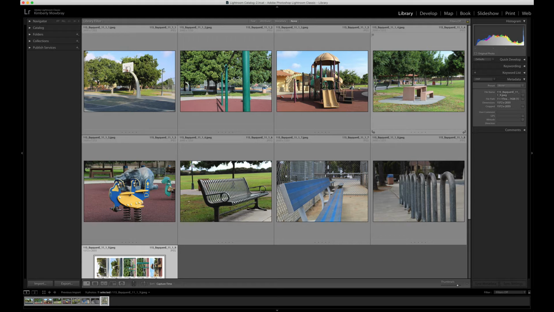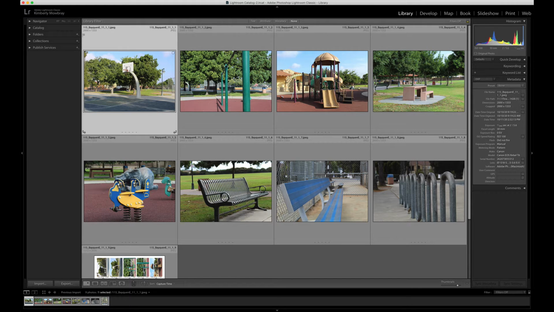We'll start off looking at these technically, and your ISO is low for all of them. You keep it at 100. Your aperture, let's see, you're 5.6, 7.1. So you really keep it in that mid-range for all of the images. There's some images that are really going to benefit from a wider aperture and maybe even getting closer to the subject.